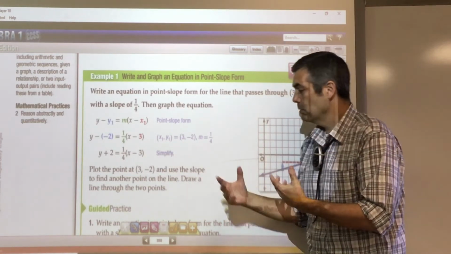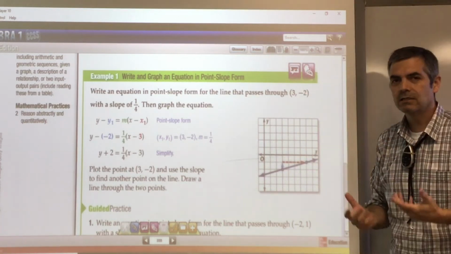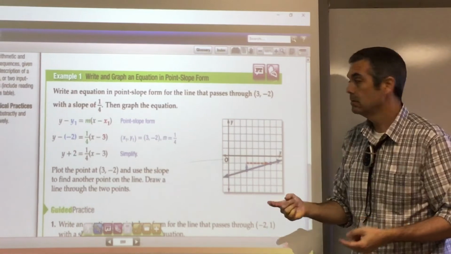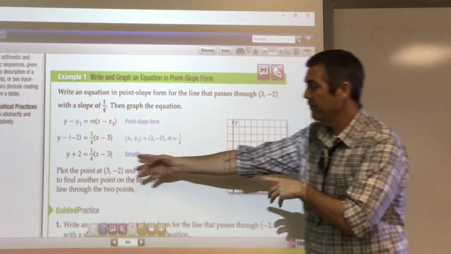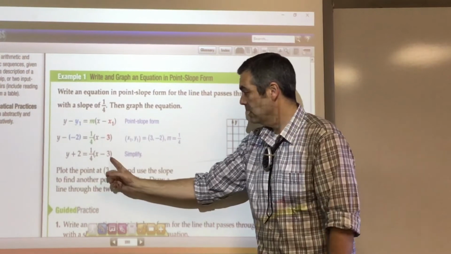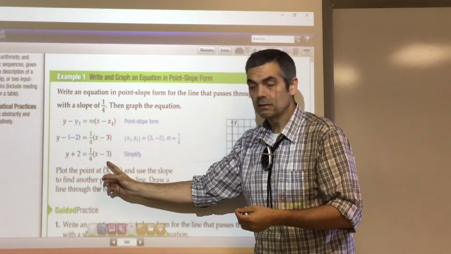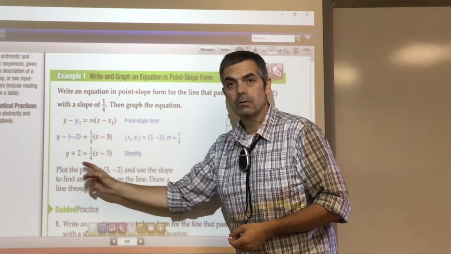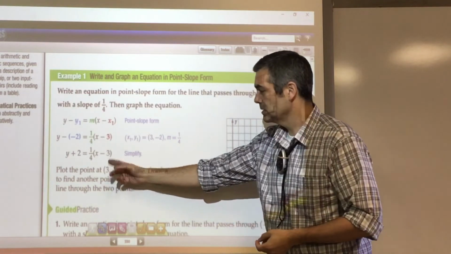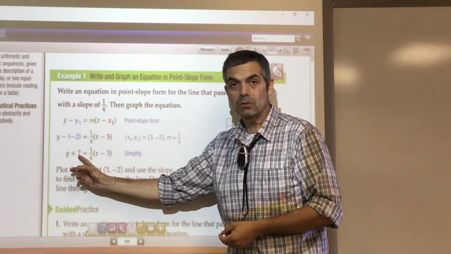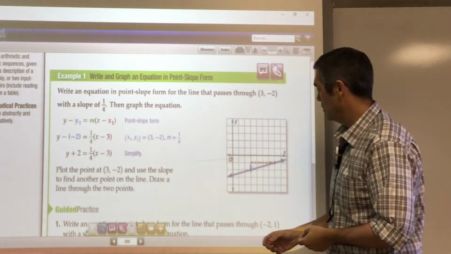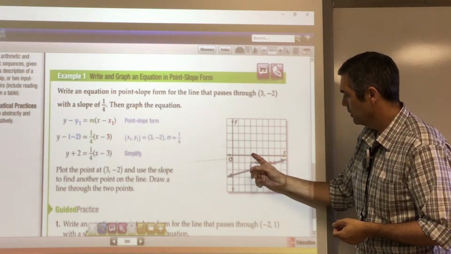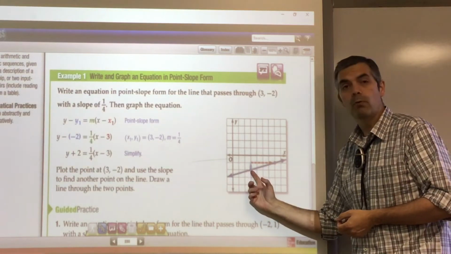So if they tell you to put something in point-slope form, that's what it should look like. Then they said, let's graph this line and see what it is. No problem, because I know what my point is, (3, negative 2). I know that this is the x and this is the y. You have to watch your signs here: that's a positive 3, and that's a negative 2. So they come over to (3, negative 2), 1, 2, 3, and 1, 2, right there's your point.